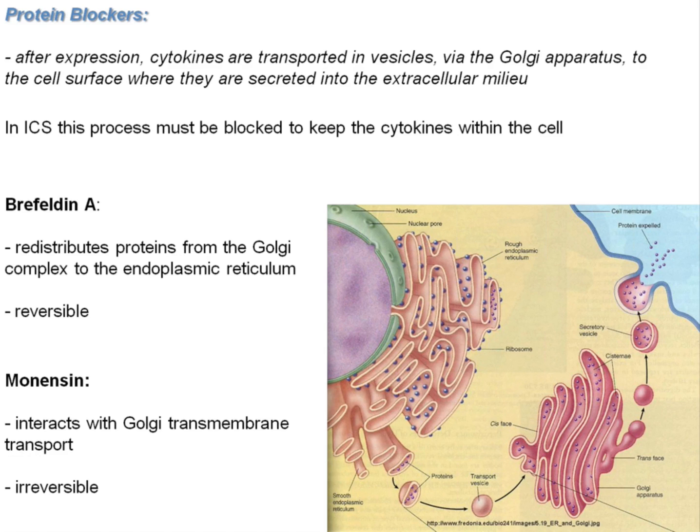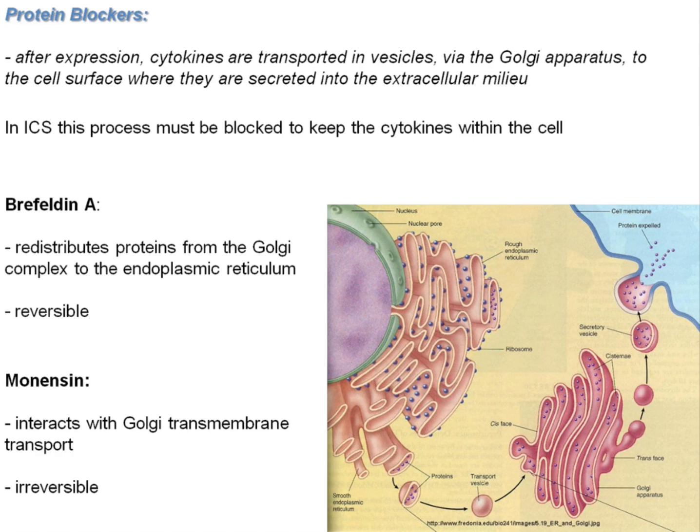There are two chemicals we can use, one or the other, to block the release of these cytokines. The first is Brefeldin A, which is a reversible treatment and redistributes proteins from the Golgi complex to the endoplasmic reticulum. Then monensin interacts with the Golgi transmembrane transport to inhibit the release, and this is an irreversible treatment.